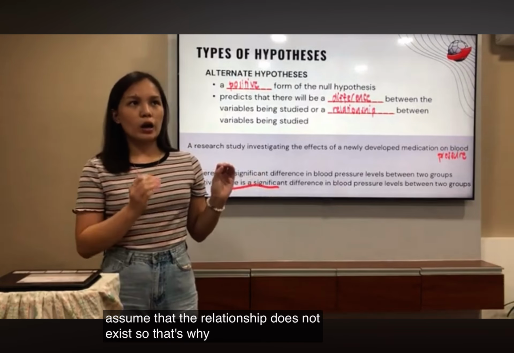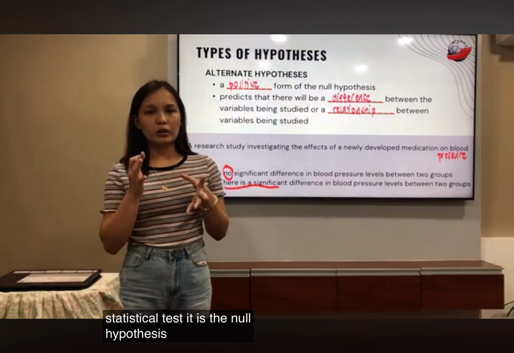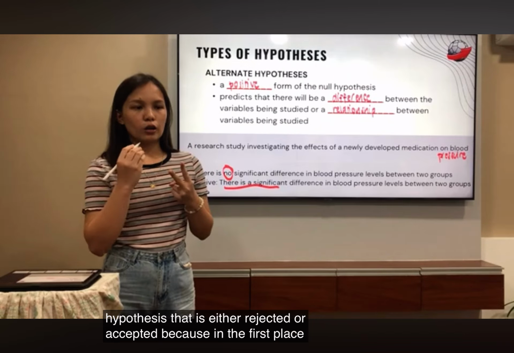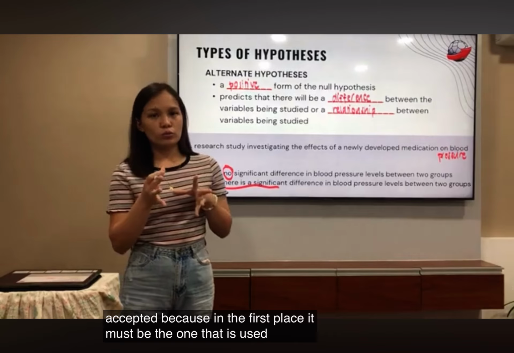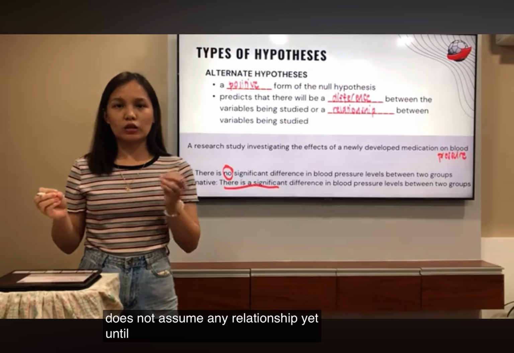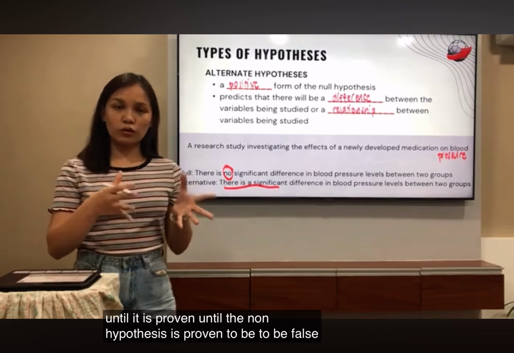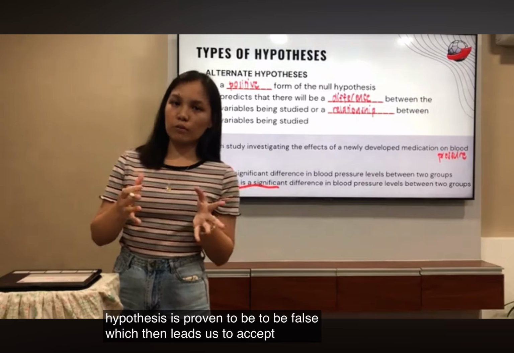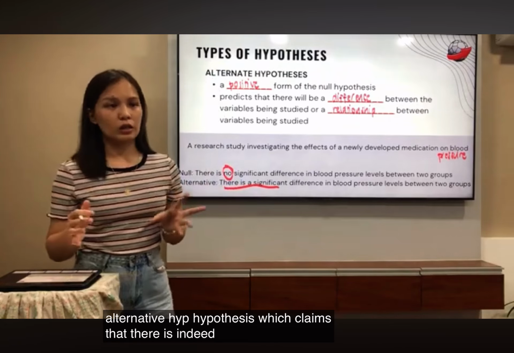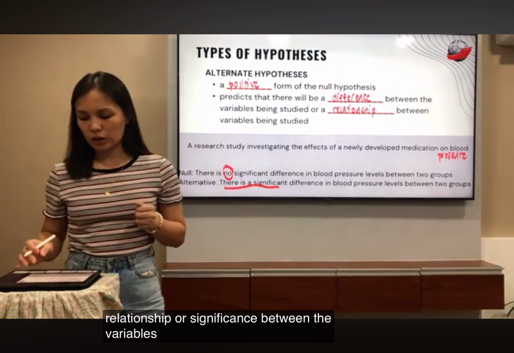So by the end of the statistical test, it is the null hypothesis that is either rejected or accepted. It does not assume any relationship until it is proven to be false, which then leads us to accept the alternative hypothesis, which claims that there is indeed a relationship or significance between the variables in the study.